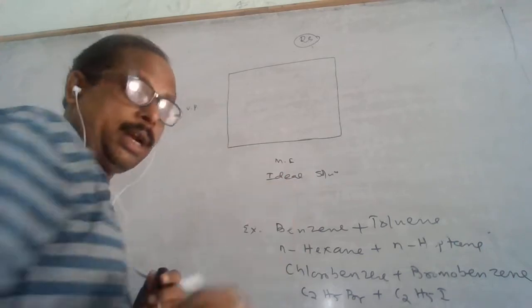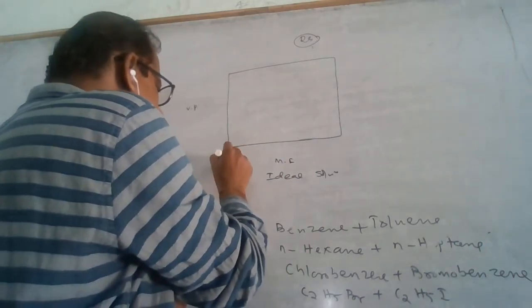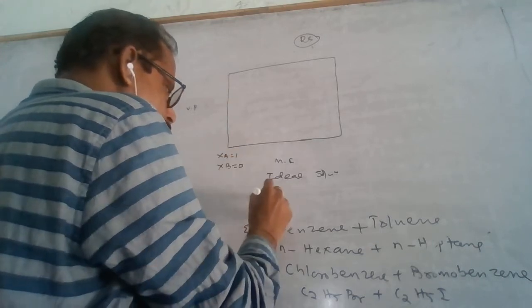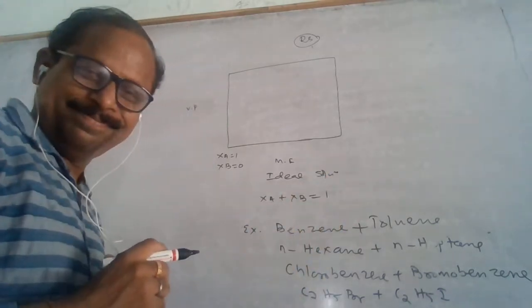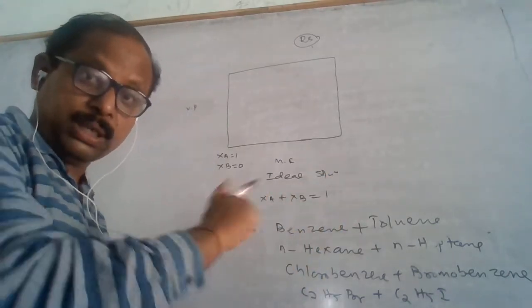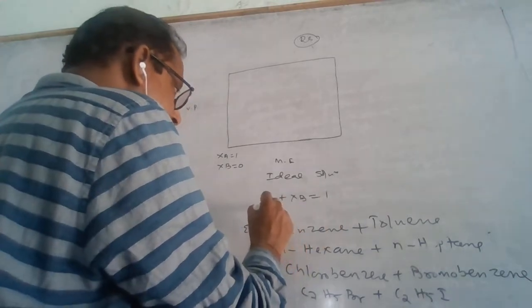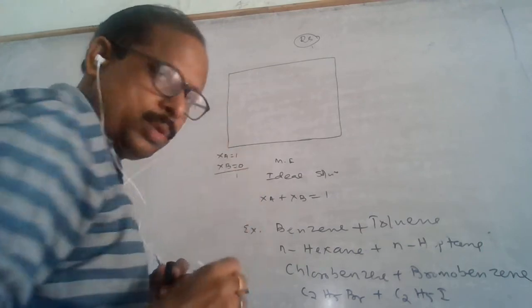Here XA is equal to 1 and XB is equal to 0. You know the sum of mole fractions is always equal to 1. XA plus XB is equal to 1. If XA is equal to 1, then XB is equal to 0, because the sum will be equal to 1.